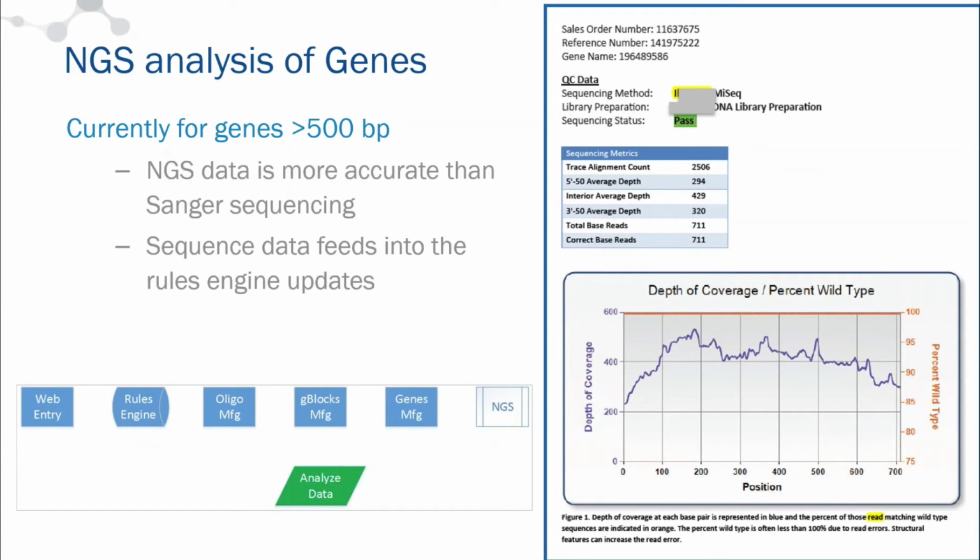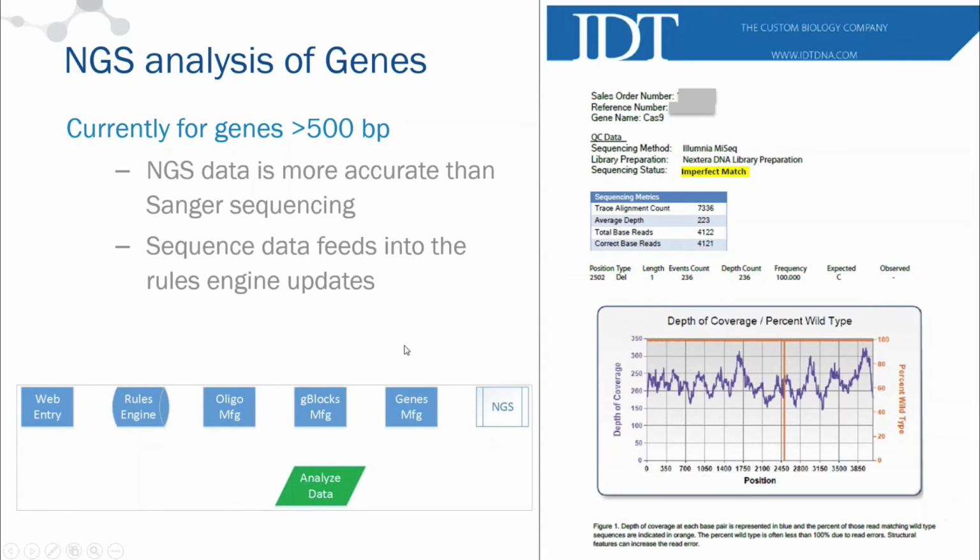We also, because we have very detailed information about errors that occur within sequencing, can use that information to make our rules engine better.